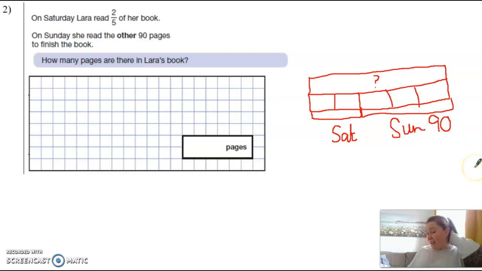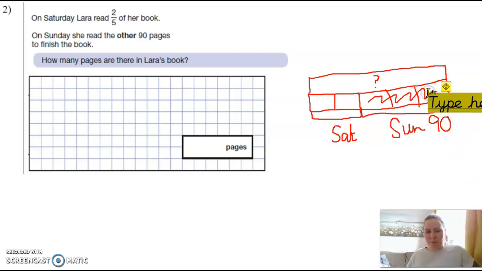Okay, so to find our whole, we need to find each of these parts. Now, if I know that this bit altogether here is 90, I can suddenly work out my small parts. 3 bits equals 90. So what does 1 bit equal? I'm going to divide 90 by 3. 9 divided by 3 is 3.